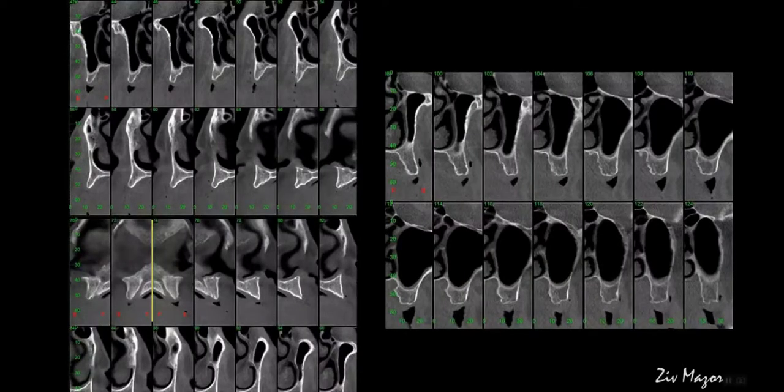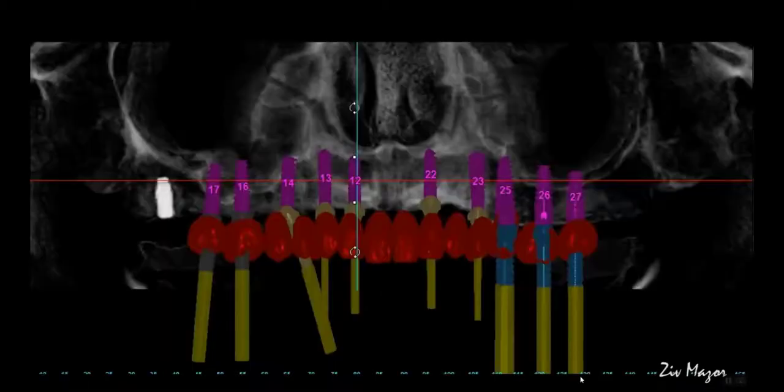In the posterior areas, we still have some bone, but it is also deficient in height, which will probably require some type of sinus augmentation, and the bone looks a little bit soft, with decreased density.